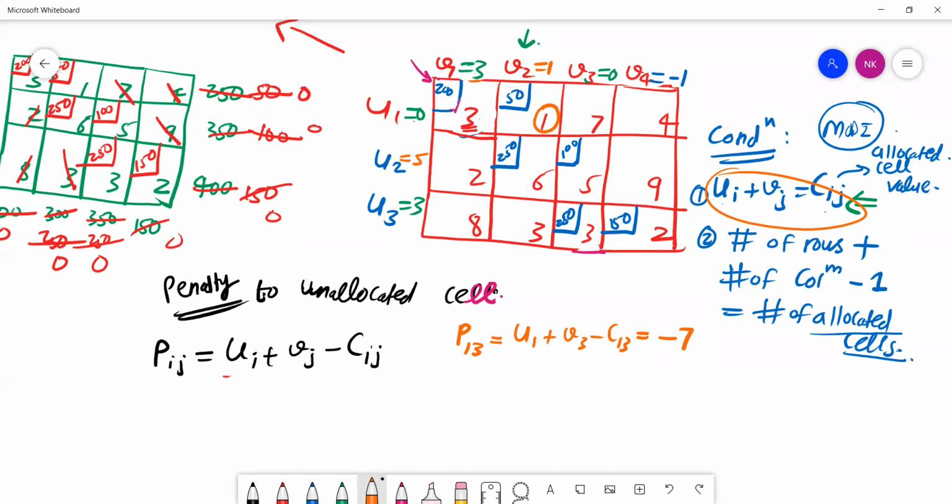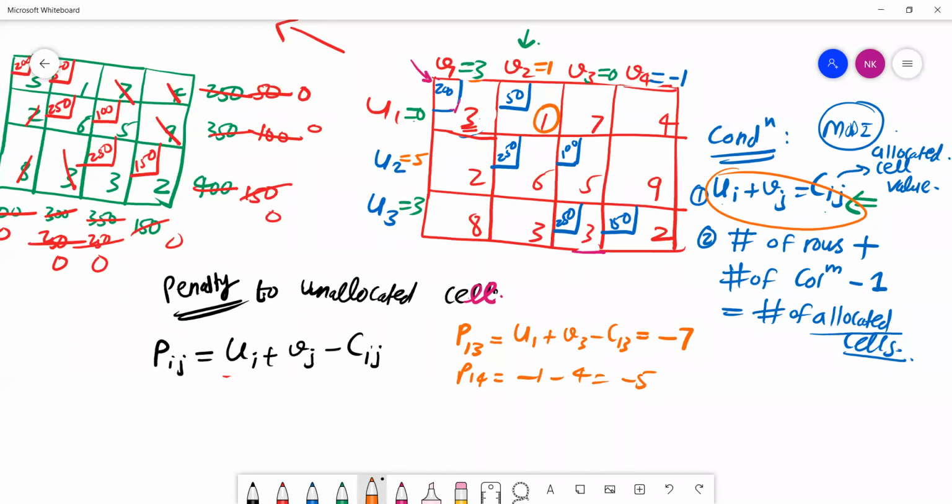Same thing, P14. I am just directly writing it. It's U1 plus V4, so 0 minus 1, minus 1 minus 4, it's minus 5.